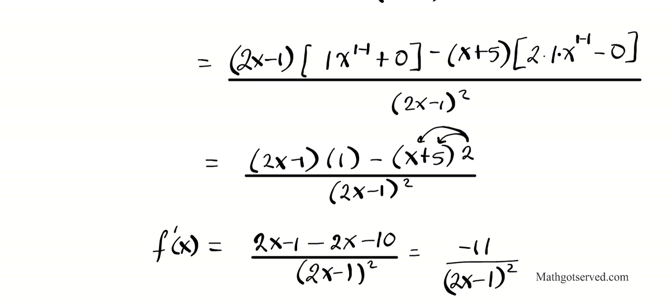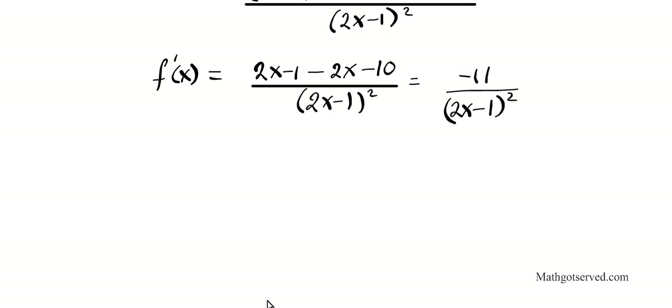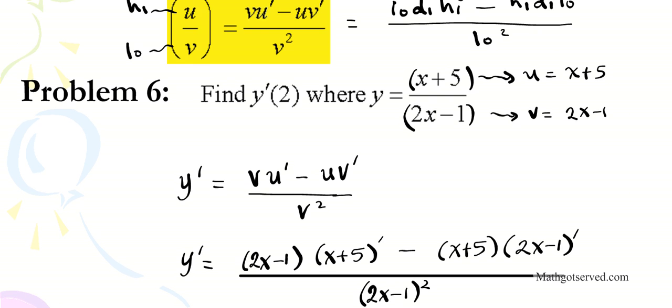All right, so that's basically the derivative. So we're going to have f prime of x equals negative 11 divided by 2x minus 1 quantity squared. But the question asks for the derivative at 2, y prime of 2.